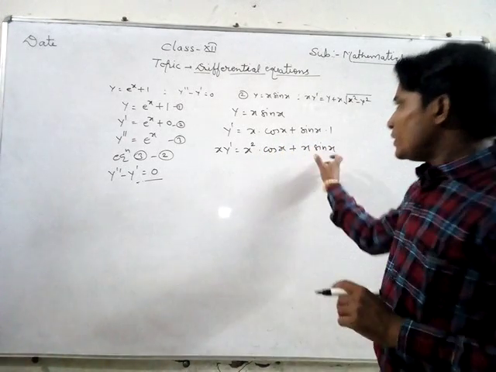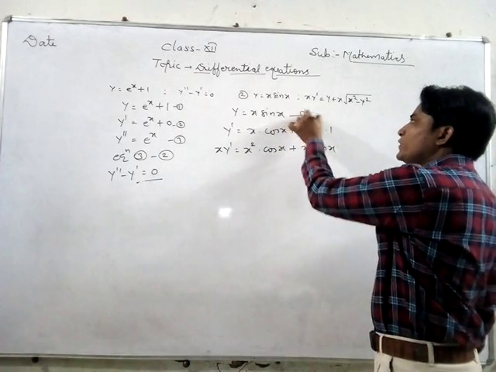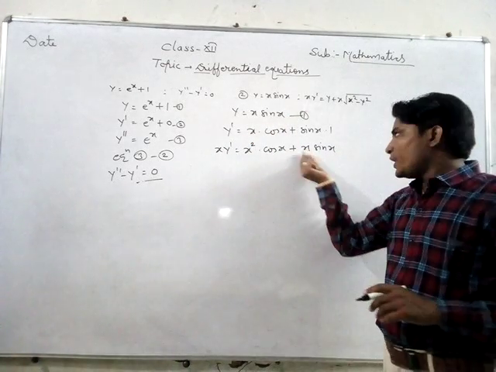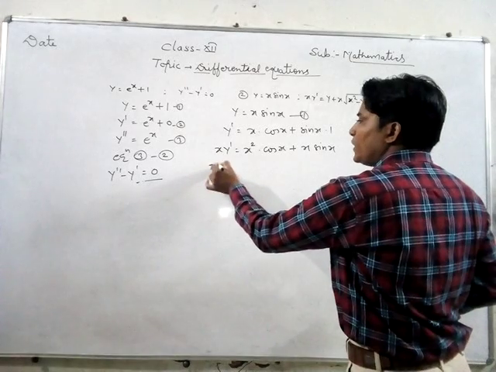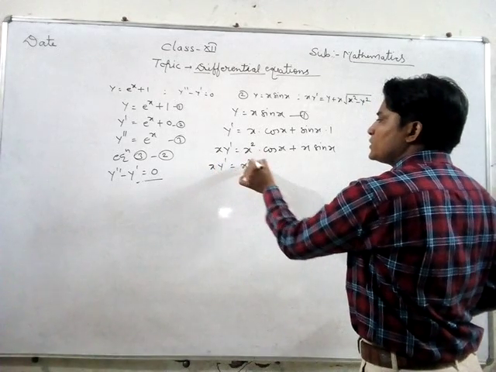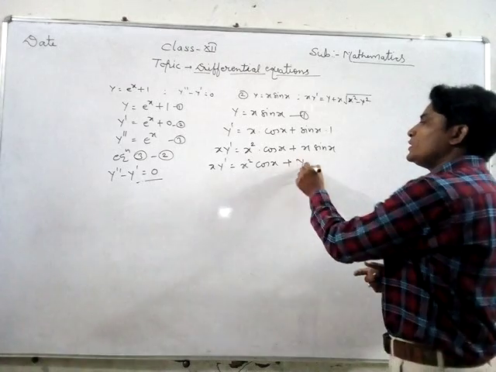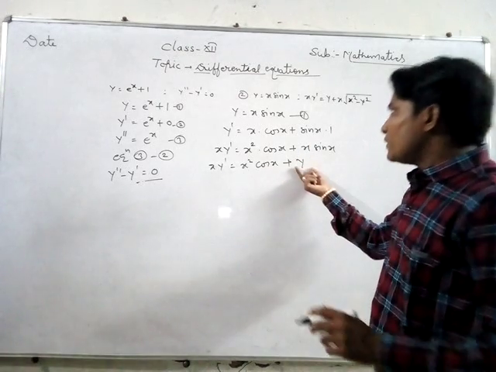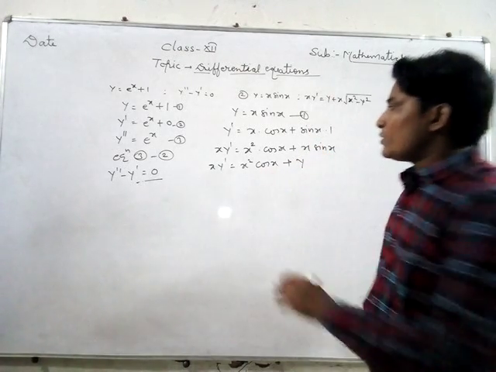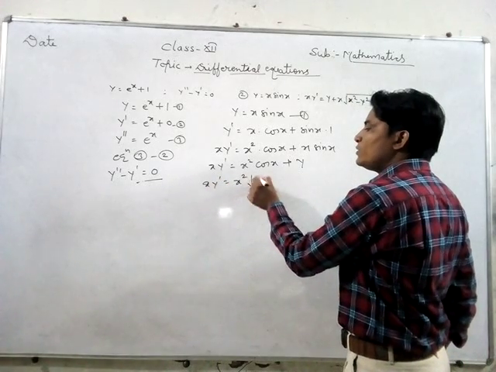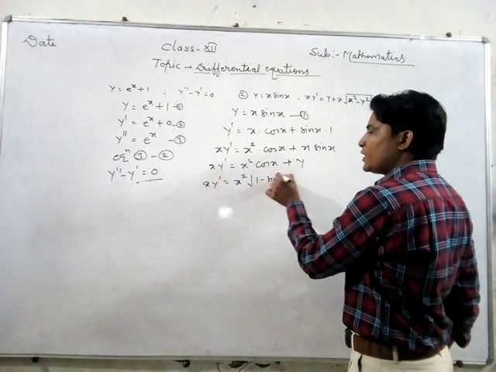So here the first equation is y is equal to x sin x. Here x y dash equals x square cos x plus x sin x. We can write cos x as under root of 1 minus sin square x.